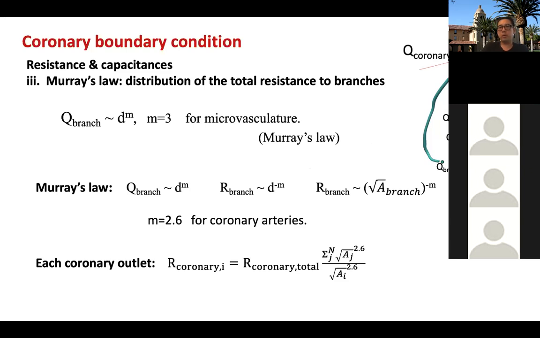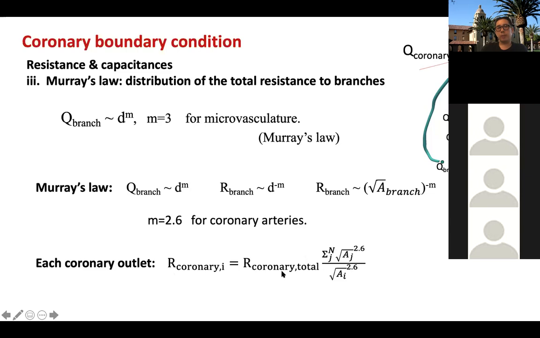For coronary arteries, the vessels are bigger than that, so we use a modified exponent of 2.6. So when we calculate the resistance at each outlet of the coronaries, we use the 2.6 rule instead of the exponent 3.